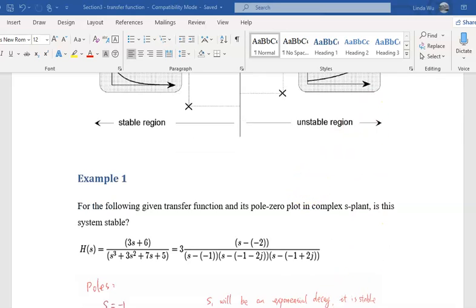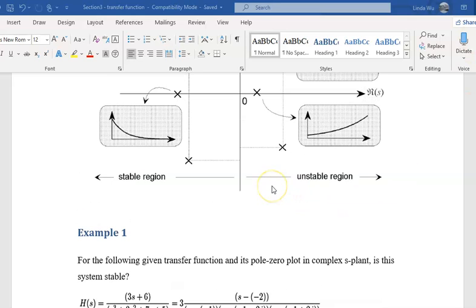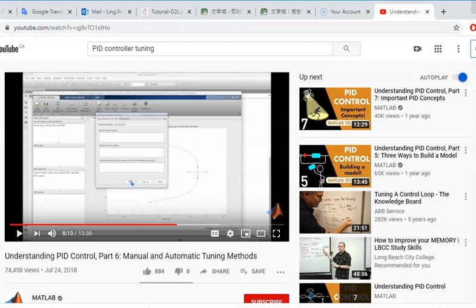So take a look at this one. We didn't talk about the zeros effects, but if you are interested, you can search for PID controller tuning. This is Understanding PID Control, Part 6: Manual and Automatic Tuning Methods.